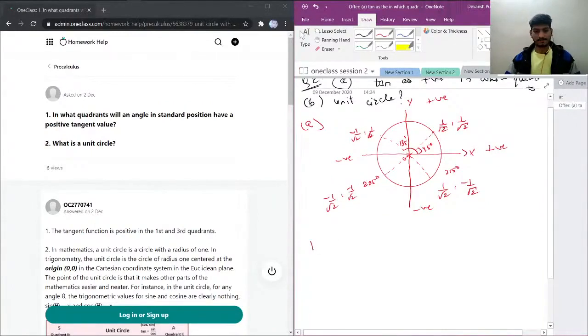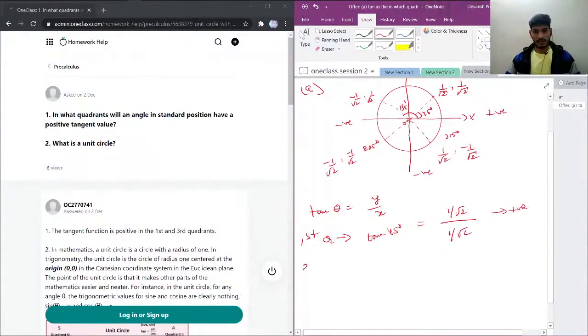Now for a unit circle, tangent of any angle, say theta, is basically y by x. So y coordinate over x coordinate. Now let's see for first quadrant. We have tangent of 45 degree, which will be equal to 1 over root 2 over 1 over root 2, and this will be positive.